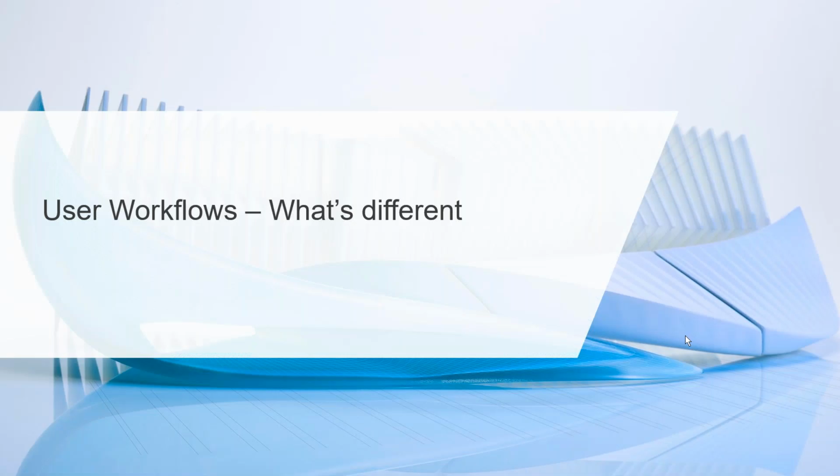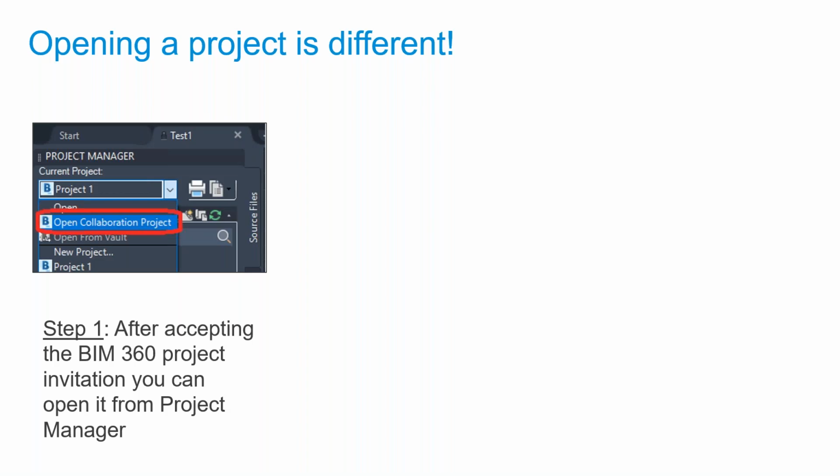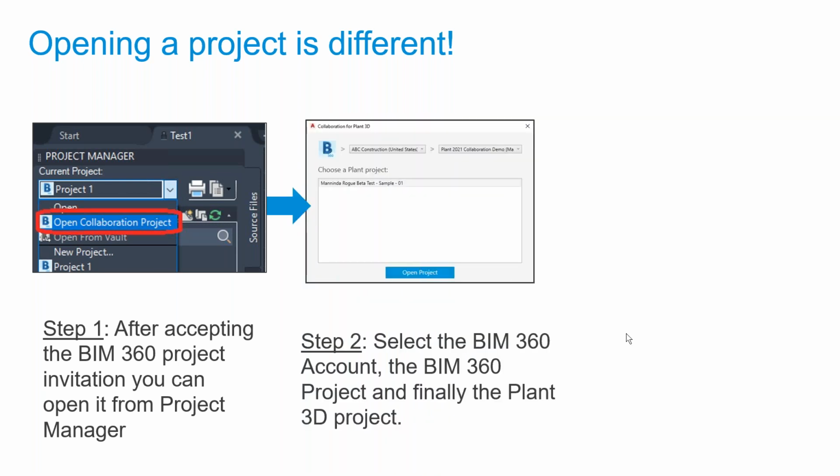So as far as user workflows, what's somebody going to see as a designer? The main difference is going to be opening a project. That is different. Instead of opening it like you normally would through SQL Server or off a file server, you're going to go into Open Collaboration Project, which is an option you'll see here with the little BIM 360 icon. You'll select the account that you're in, then select the actual BIM 360 project, and then go down and select the Plant project.